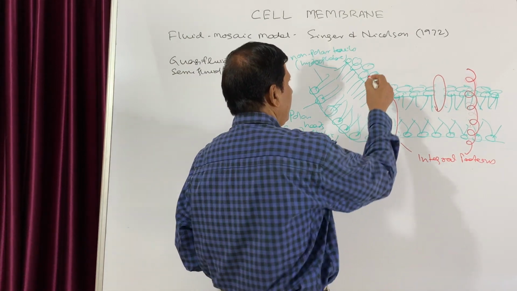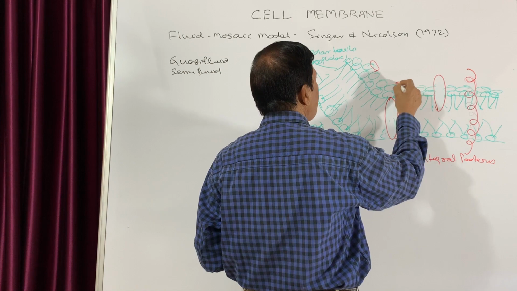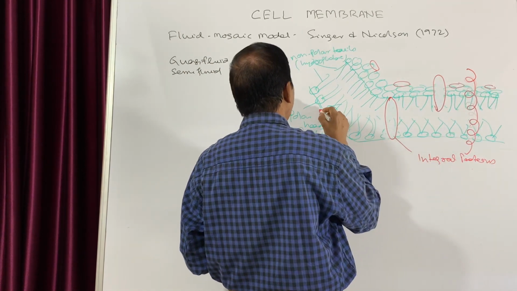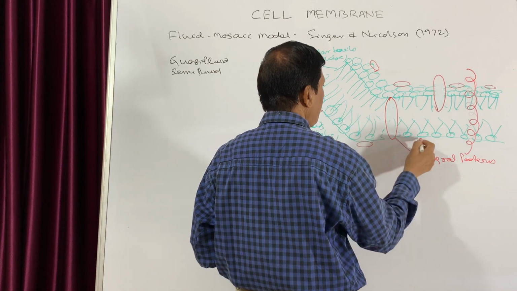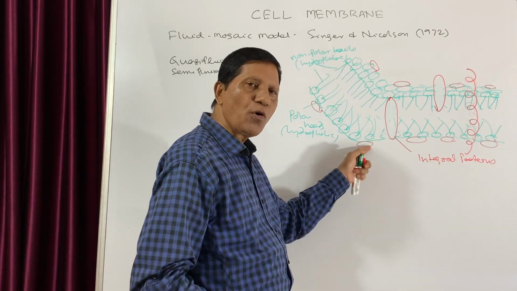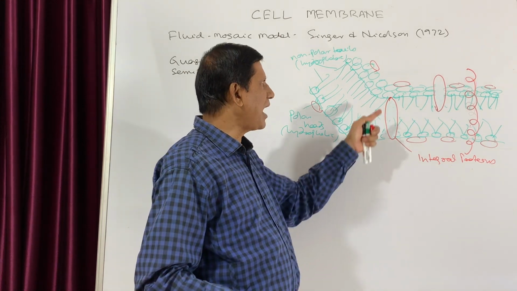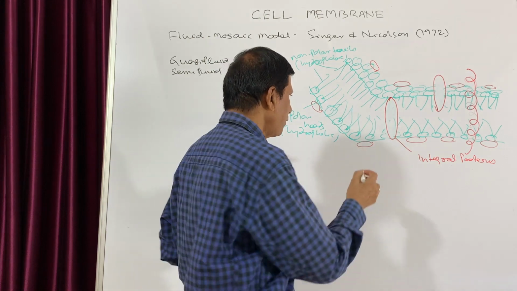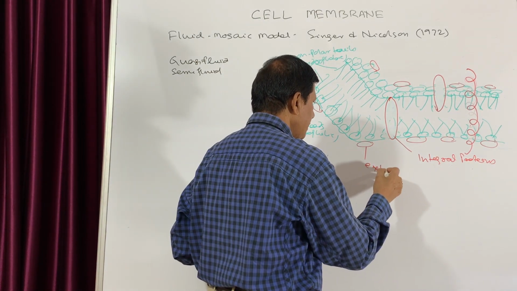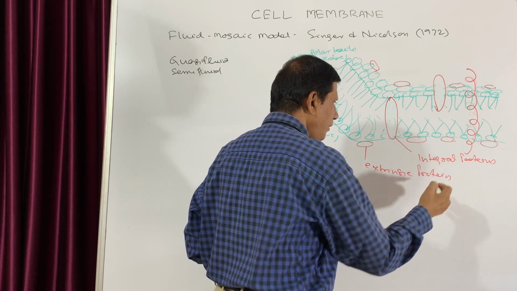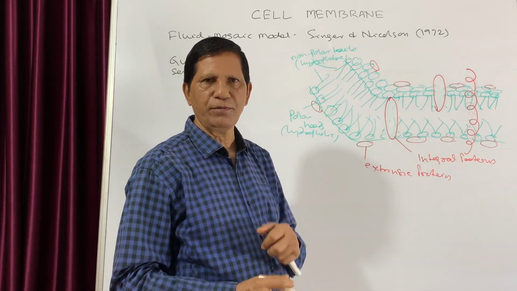Then, here and there will be some external proteins or extrinsic proteins. These extrinsic proteins are more on the inner side and less on the outer side. And these extrinsic proteins are soluble and they are easily separable.